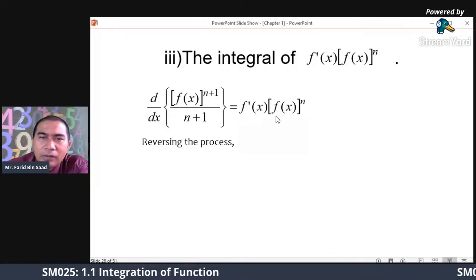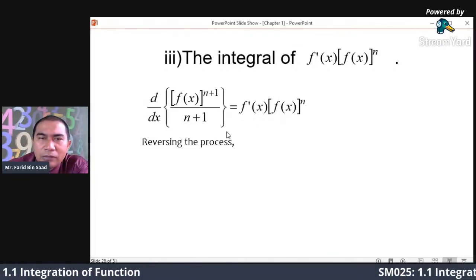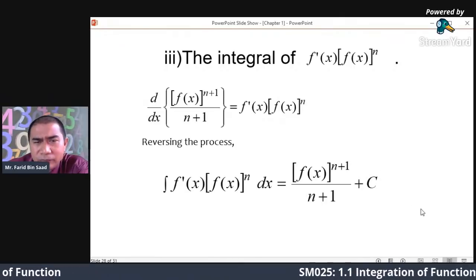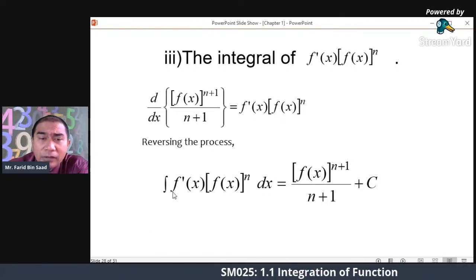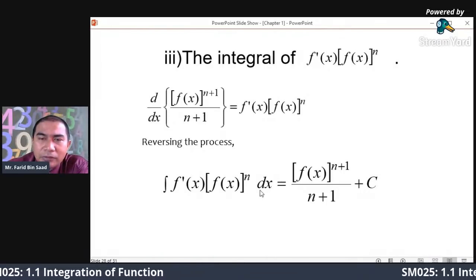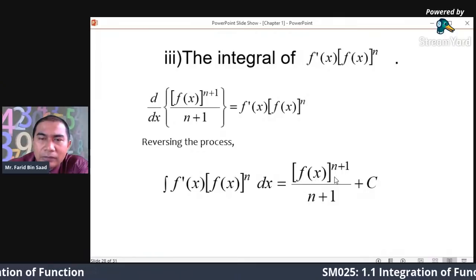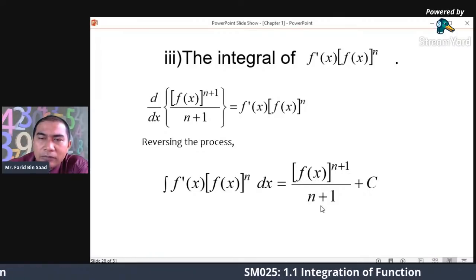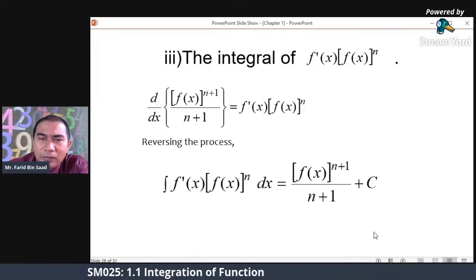That means for the integration, we have to reverse it. So integrate f prime x times f(x) power of n dx, we get f(x) power of n plus 1 divided by n plus 1, plus c.